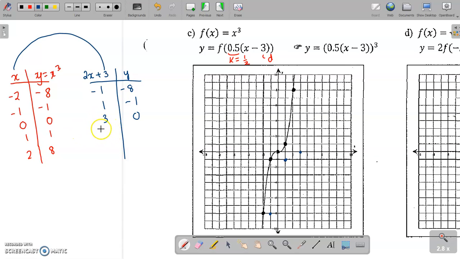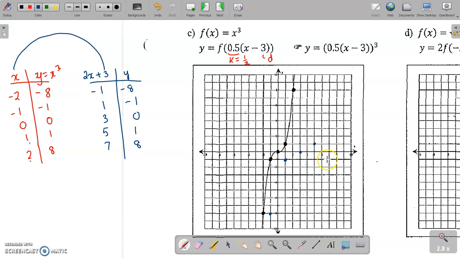So when the original x was 1, the transformed x will be 2 times 1 is 2, plus 3 is 5. And the y value stays the same. So x is 5, y is 1. And then finally, the original x is 2, so we have 2 times 2 is 4, plus 3 is 7, and then 8.